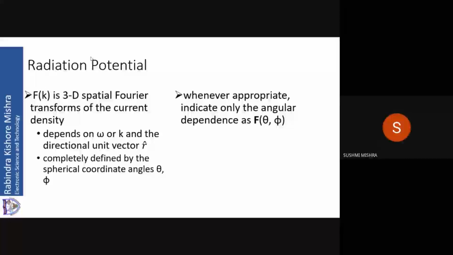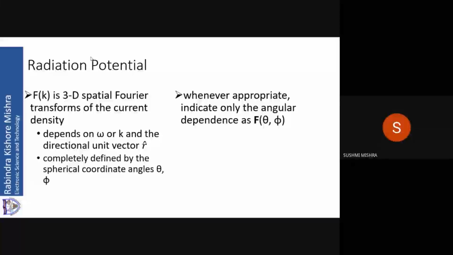So F is a function of theta and phi. The radiation vector is a function of theta and phi. Now where has k gone? Actually k is implicitly included within theta and phi. Therefore, instead of k, I am explicitly writing theta and phi.